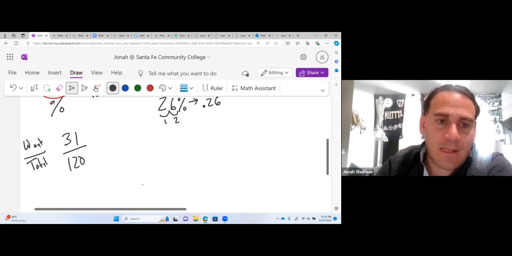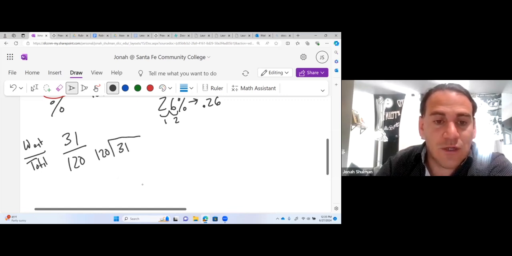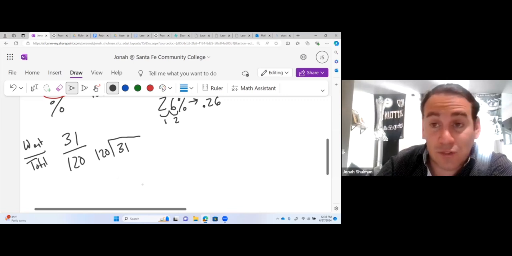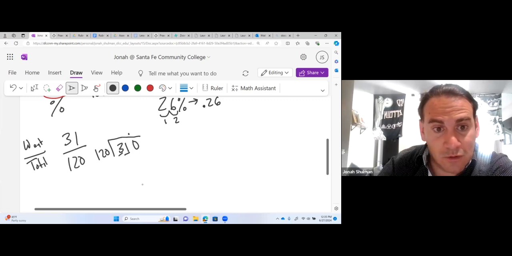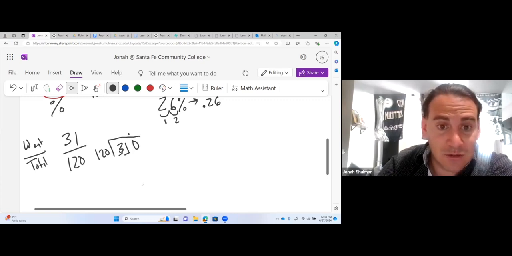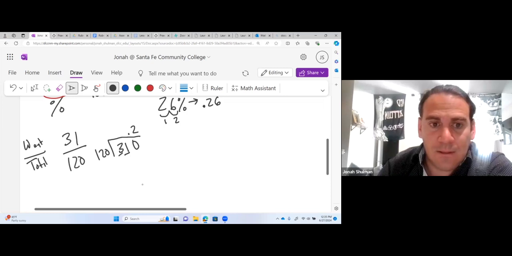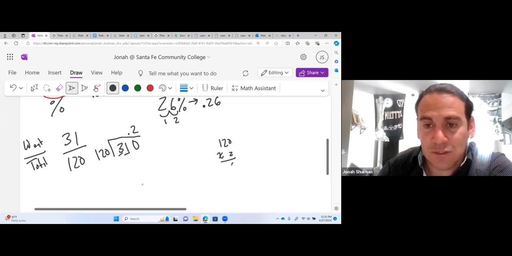Now, we're just going to move it over just like this. The 31 goes here. The 120 goes here. Can 120 go into 3? Nope. Can it go into 31? Nope. So we need a decimal. So 120 times what goes into 310? We can say it goes in twice. 120 times 2. 2 times 0 is 0. 2 times 2 is 4.